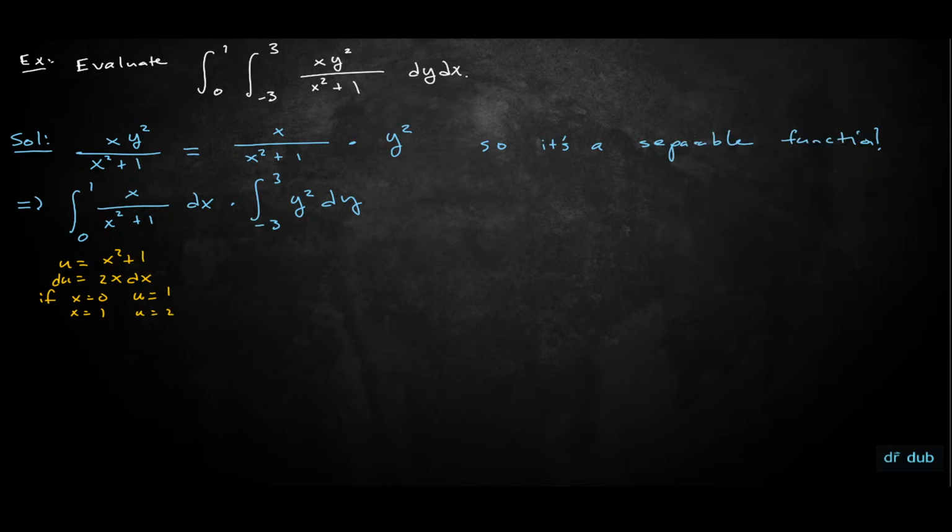So this is going to be the integral from 1 to 2 of 1 over u, and then du over 2, times 2 times the integral from 0 to 3 of y squared dy. Because it's an even function over a symmetric interval, we can actually multiply by 2 and integrate from 0 to 3. So we'll use that property there.